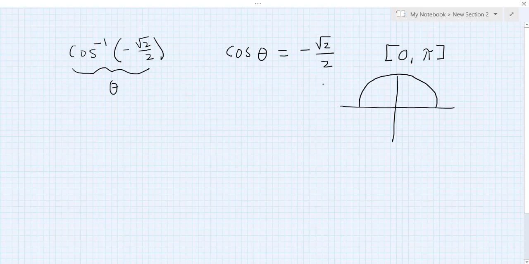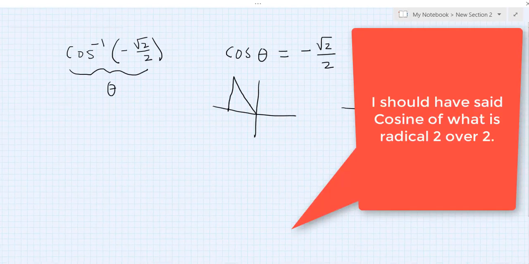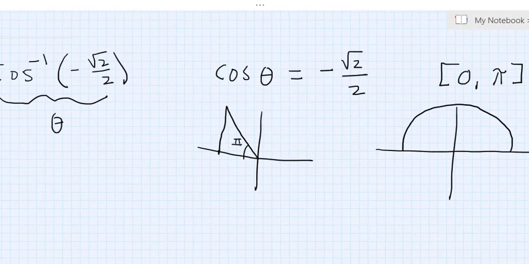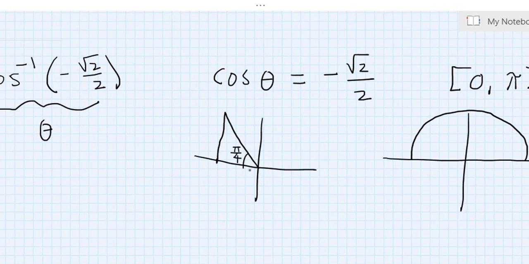Now, you know that cosine theta is negative in the second quadrant. First of all, cosine of what is radical 2 over 2? Well, cosine of pi over 4, or if you want to talk about degrees, it'll be 45. But that is the reference angle. What you want is the angle of this.